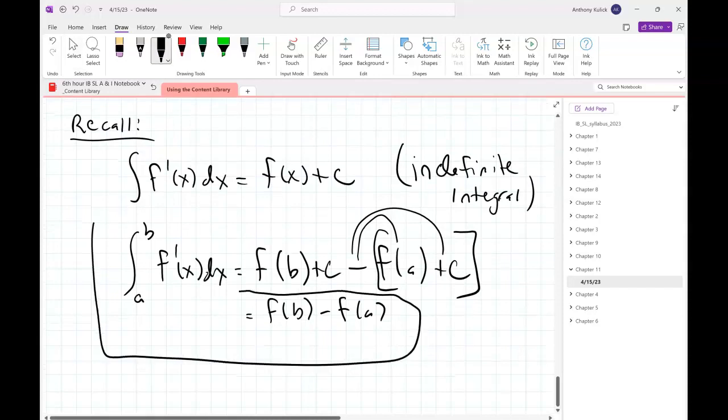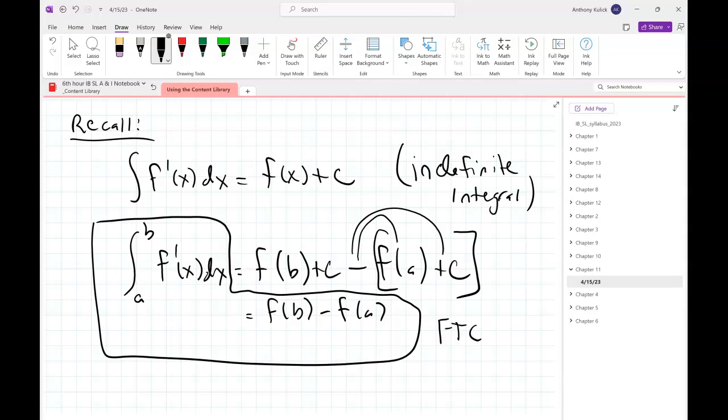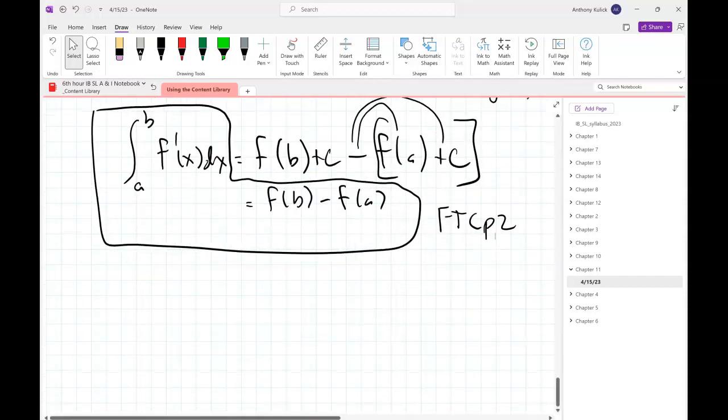So this rule right here is called the fundamental theorem of calculus, and technically this is part 2 of that fundamental rule of calculus. Apparently your textbook does not think part 1 is worthy of them telling you what it is, but I will. Get ready.